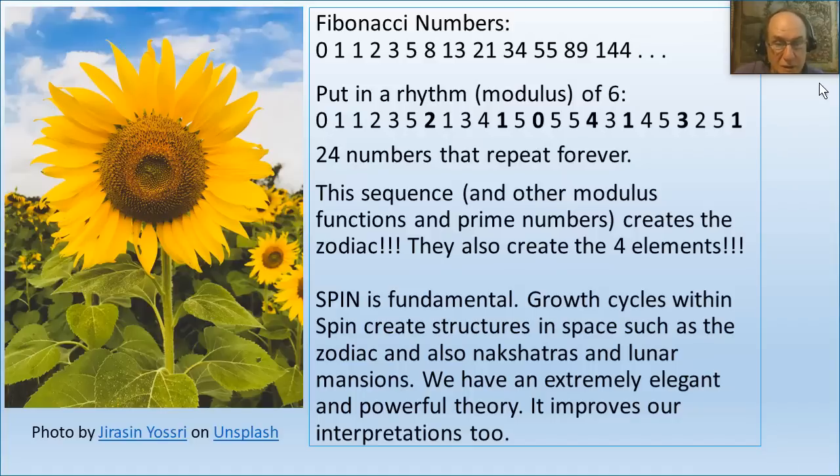What we learned, let's jump down to the bottom paragraph here, is that spin is fundamental. The Earth is spinning on its axis. The Earth is revolving around the Sun, which is also a kind of spin, a kind of circularity, a kind of motion that scientists describe as having an angular momentum.